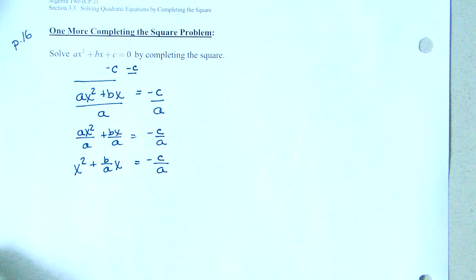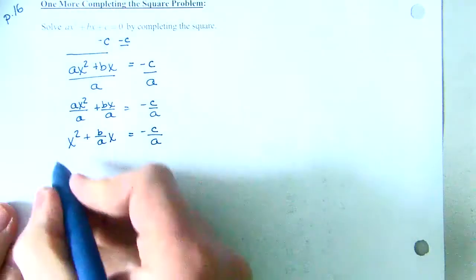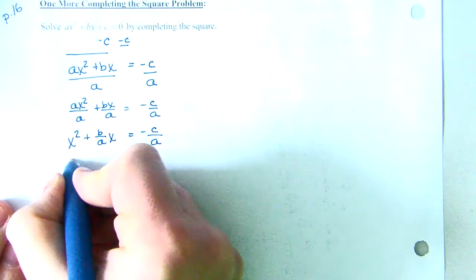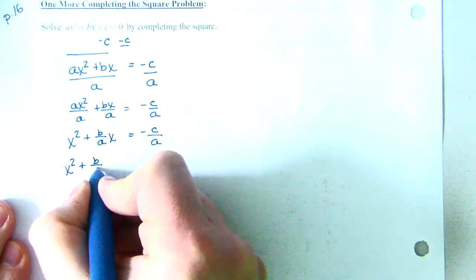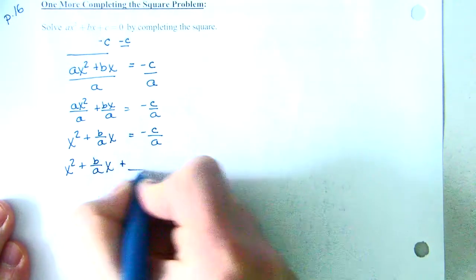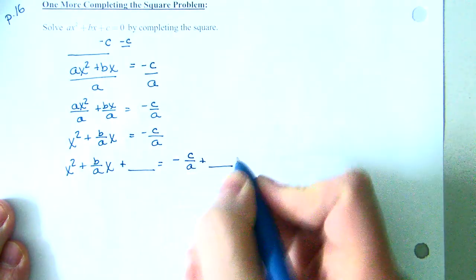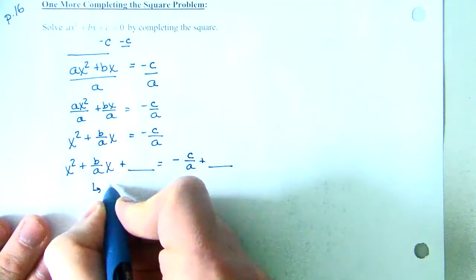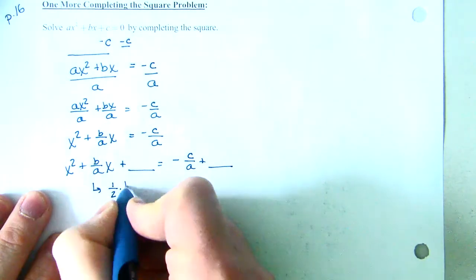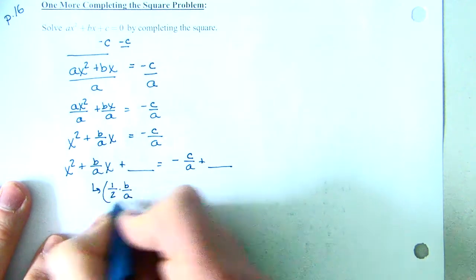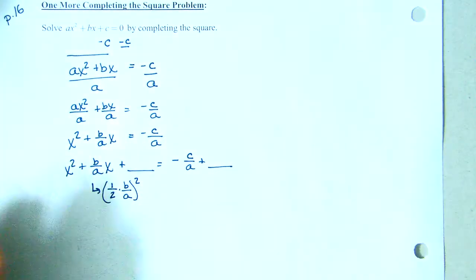The next thing we have to do is add our half the middle term squared to both sides. Okay, so I need to go do half of b over a squared.